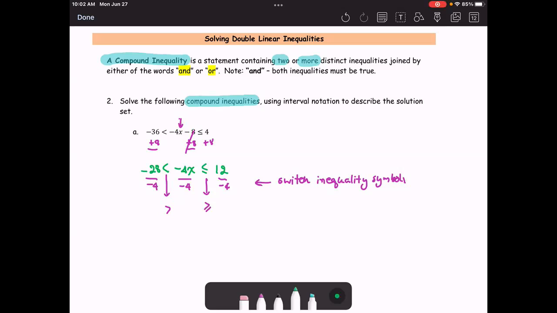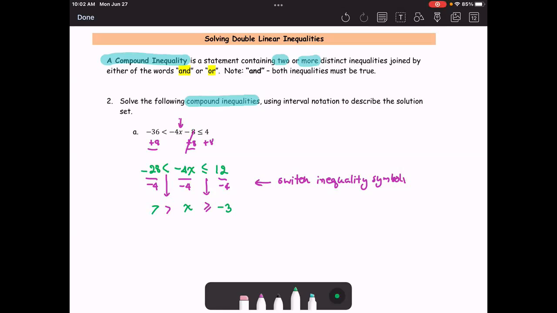And now the left-hand side becomes the number positive 7. The middle one is just x. The right number is negative 3, which makes sense because 7 is greater than x, which is greater than or equal to negative 3.